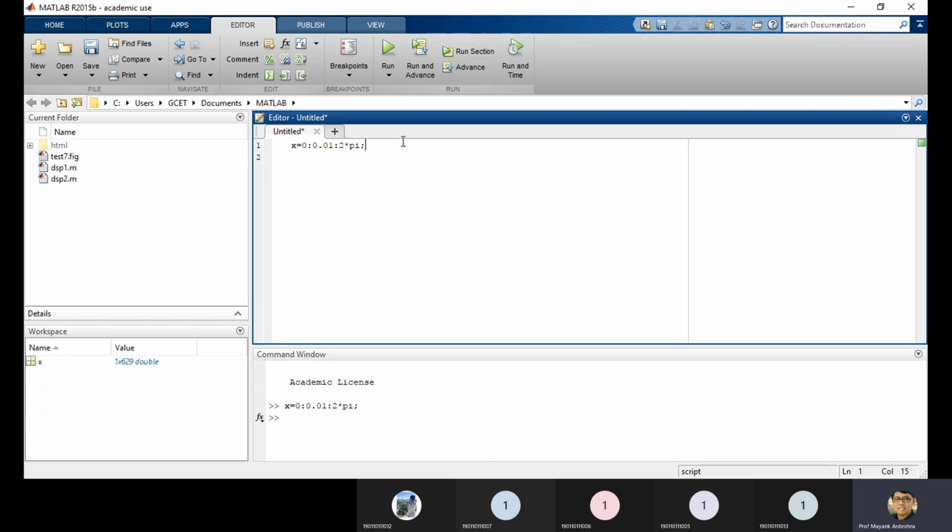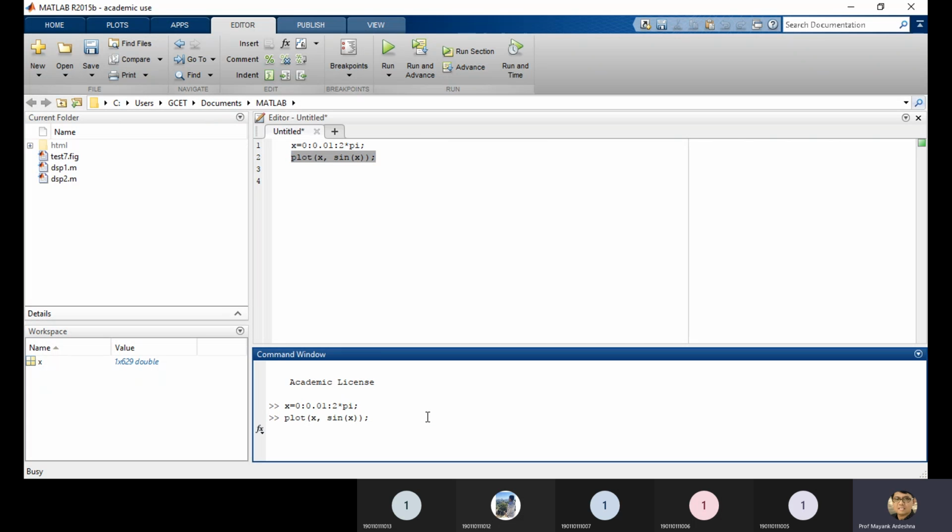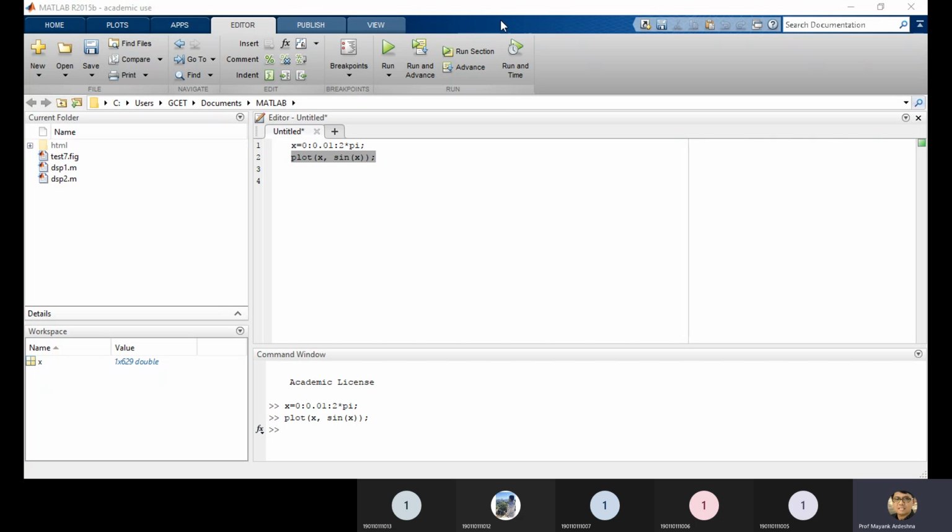So you can directly plot this. Are all of you getting some graph on your screen?